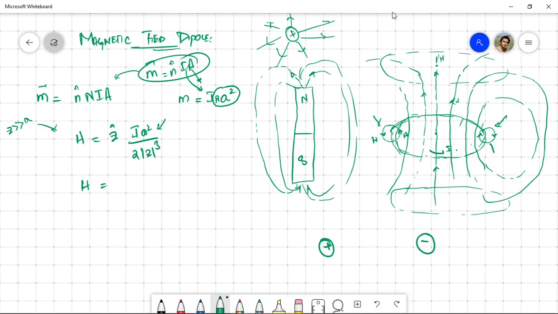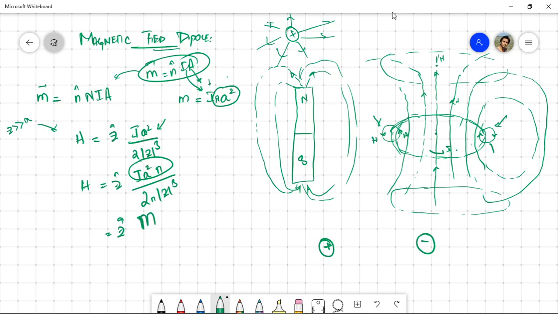So if we want to express the magnetic field intensity in the form of magnetic moment, what do we need? We need I and a squared. We have both, but we don't have pi, so we multiply and divide by pi, giving 2 pi z cubed. Now this equals m.